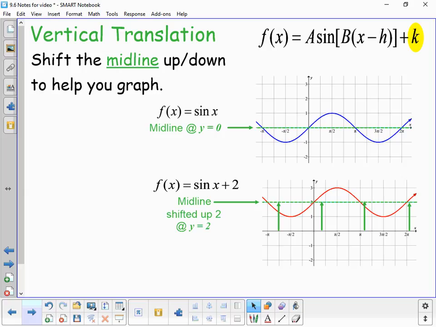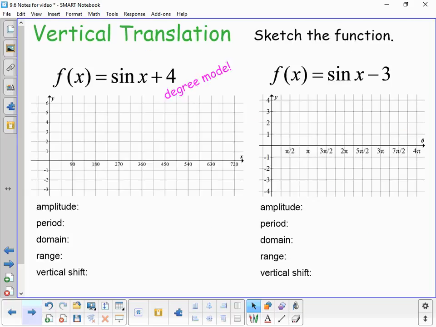So when you have a constant added at the end, it's just going to shift that midline up or down, depending on if k is positive or negative. So we want to focus on that midline, and then we can draw our curve going above and below that midline. The first one that we're going to graph is the sine of x plus 4.